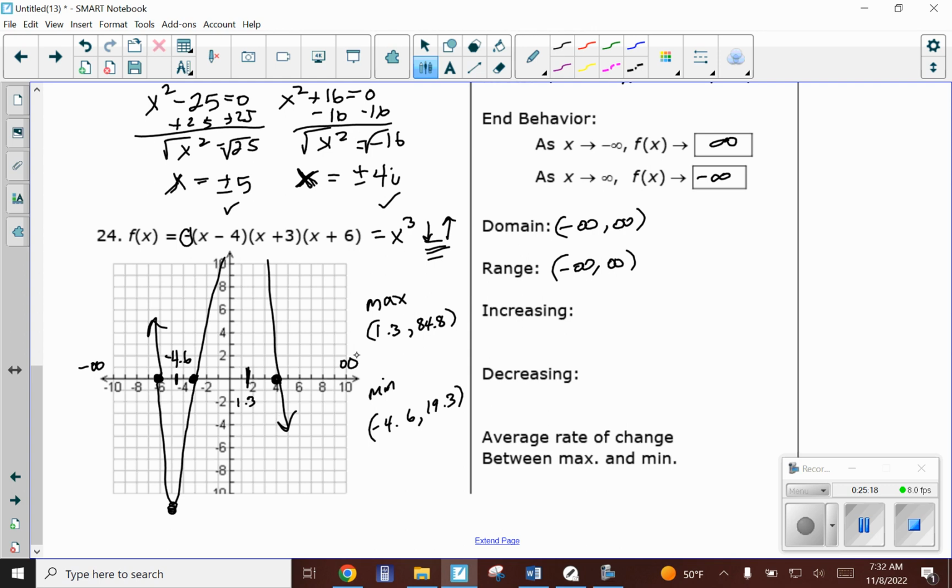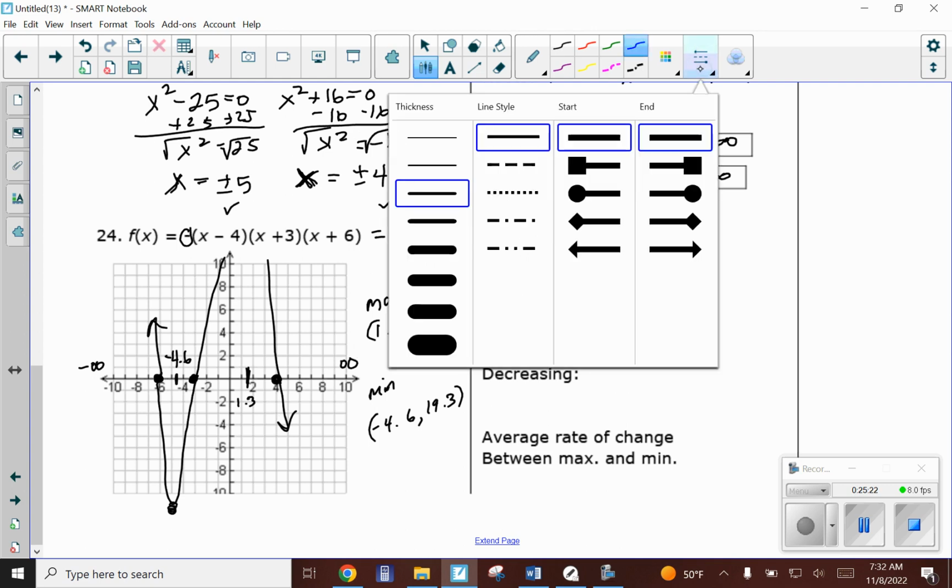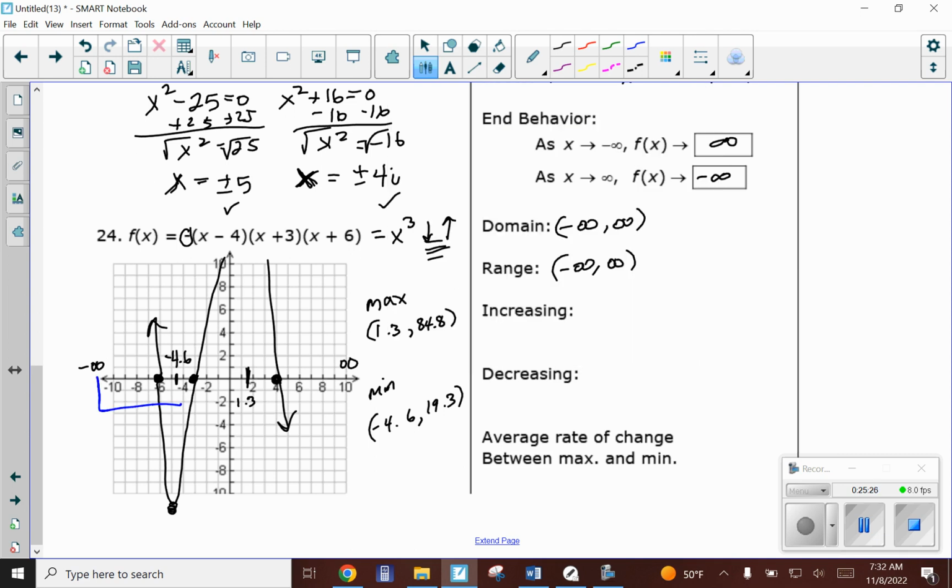So for the increasing and decreasing stuff is going to come straight off of that x-axis once we have everything labeled. So this portion here is going to be where the graph is heading down. So that's going to be decreasing from negative infinity to negative 4.6. And then the second part from negative 4.6 all the way to the next number I listed, which is 1.3.